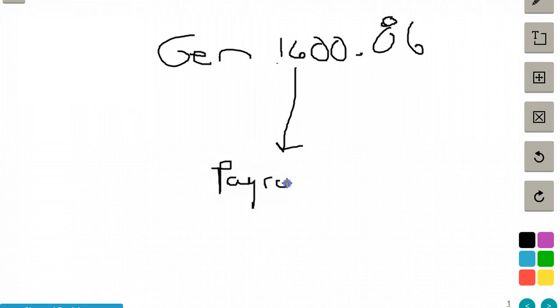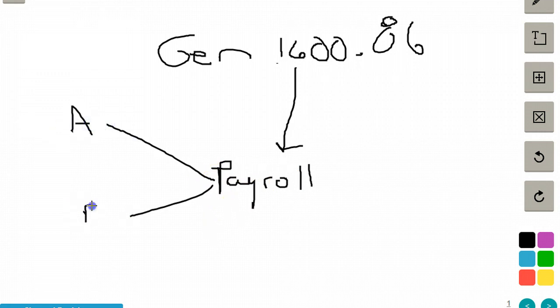When I do that, then for each employee, I'm going to write a check for the exact amount that they owe. So this is employee A, this is employee B. When I'm finished writing checks and everybody's cashed their check, the balance of payroll is going to be zero because that's the only thing that we use it for.